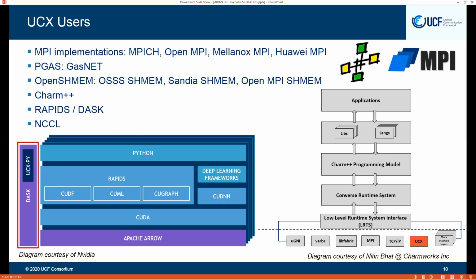Charm++, from CharmWorks, for example, can run natively on UCX. And by running natively on UCX, it can provide better performance and better scalability for applications that are using Charm++. Rapids, Dask, Nickel, example for deep learning libraries that are running over UCX in order to leverage the performance and capabilities of UCX.